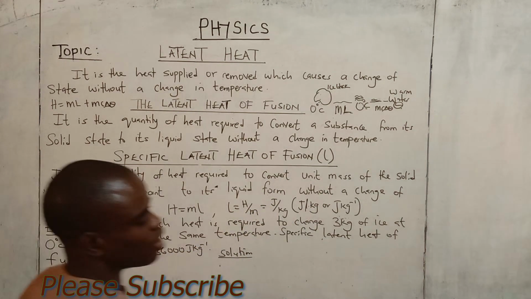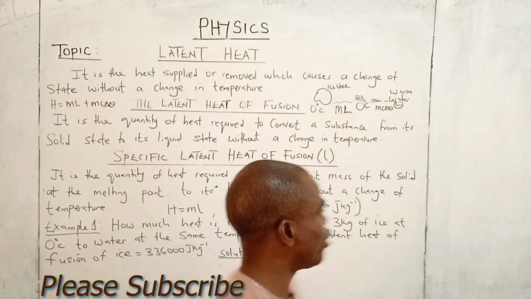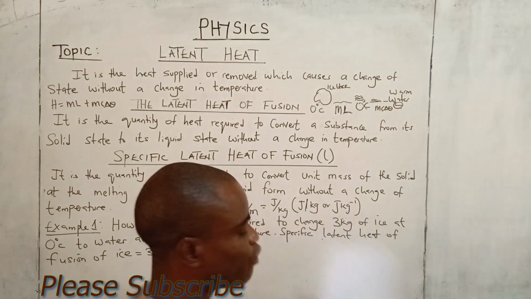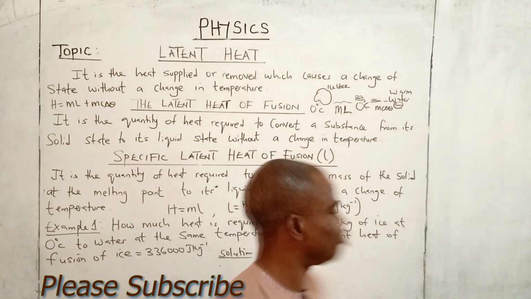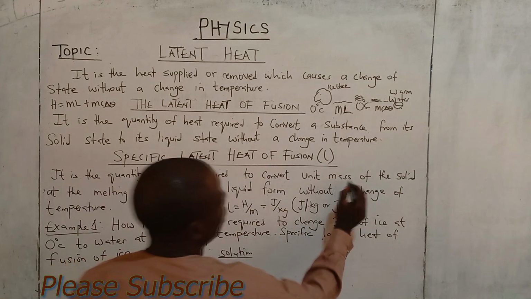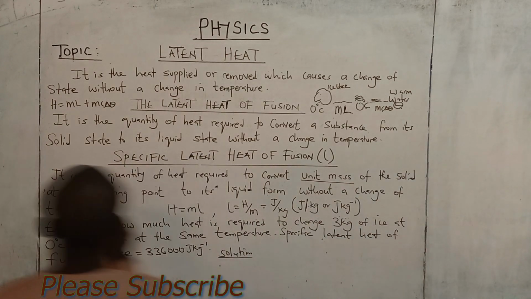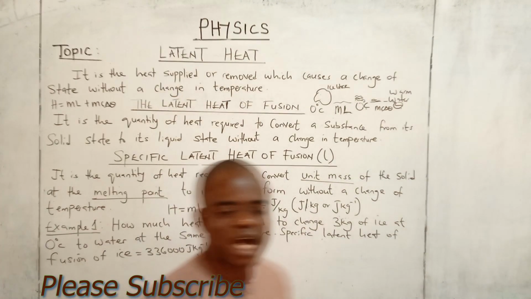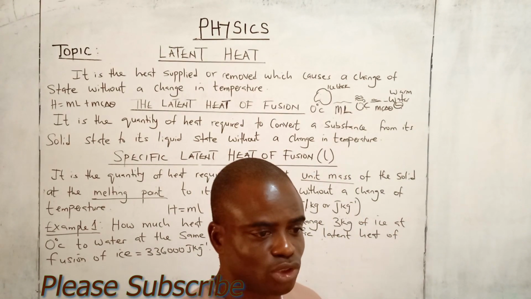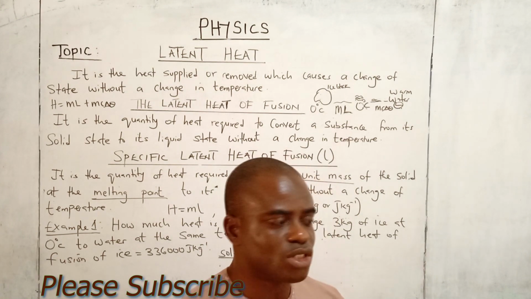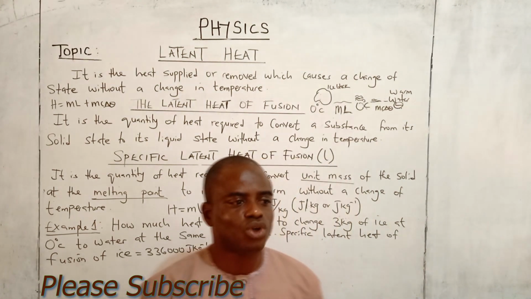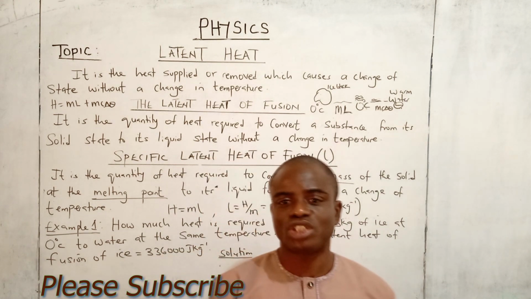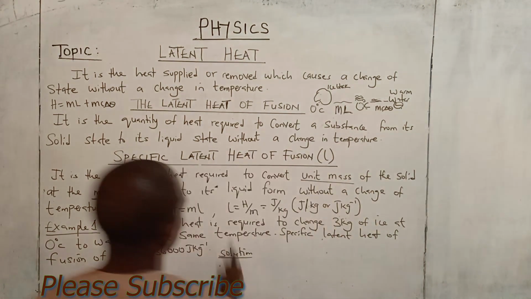It's the quantity of heat required to convert unit mass of a solid at the melting point to its liquid form without a change in temperature. Unit mass is very important. Under specific heat capacity, it requires a change in temperature, but under specific latent heat, there's no change in temperature.